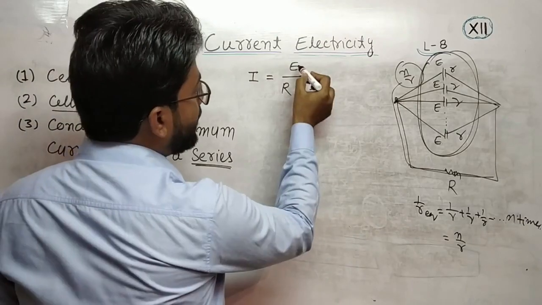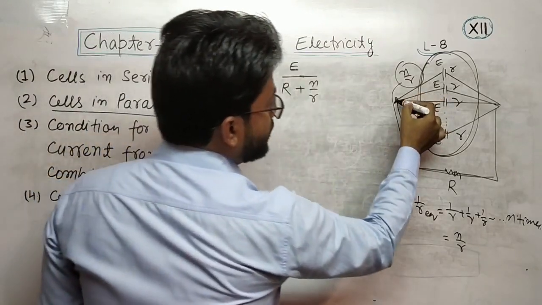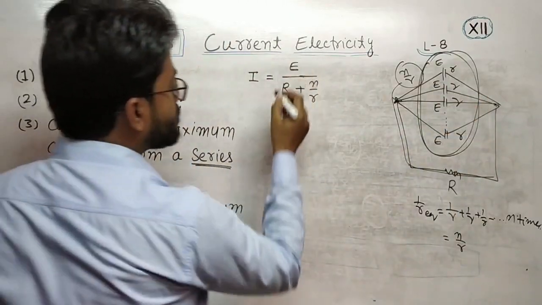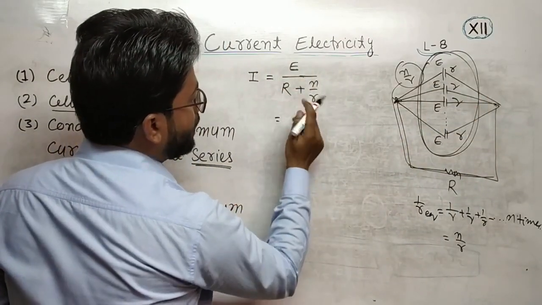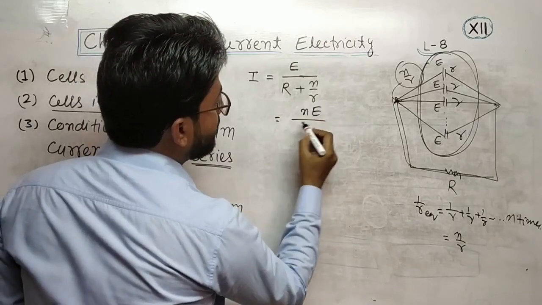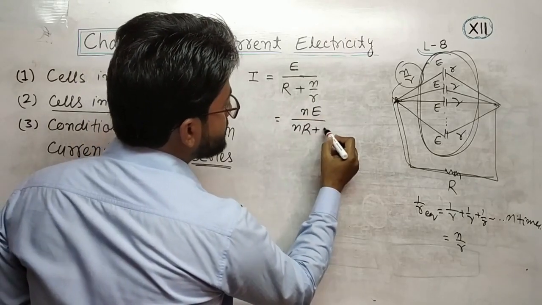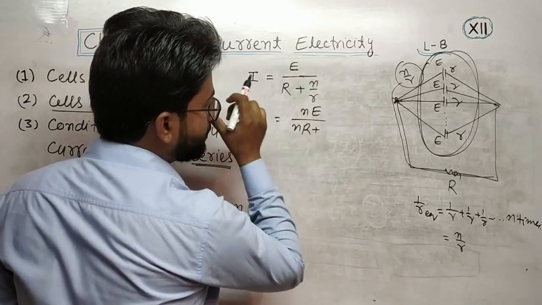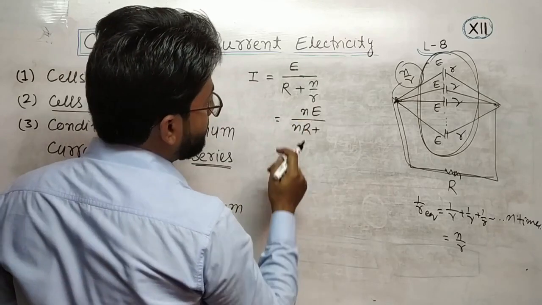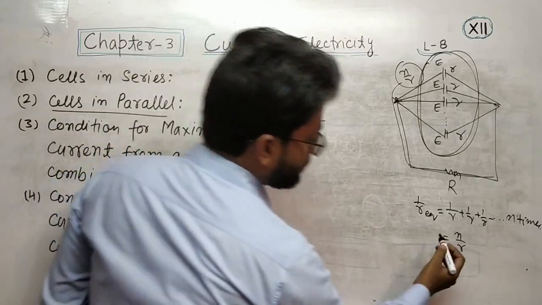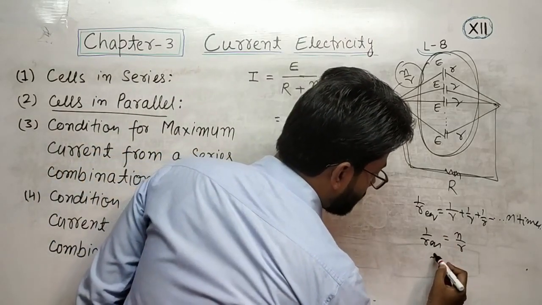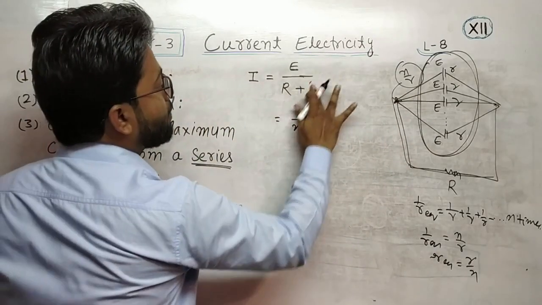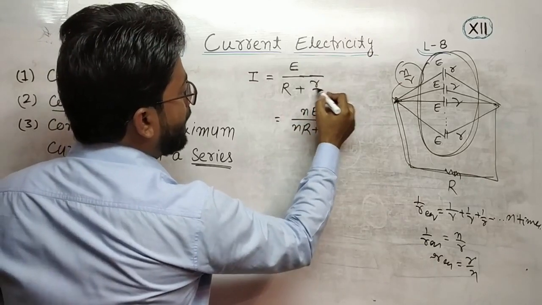The potential difference between these two terminals will be E. Sorry, this is 1 upon r equivalent, so r equivalent will be equal to r by n.